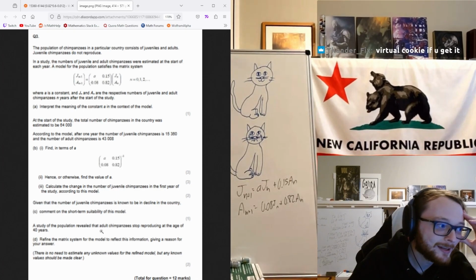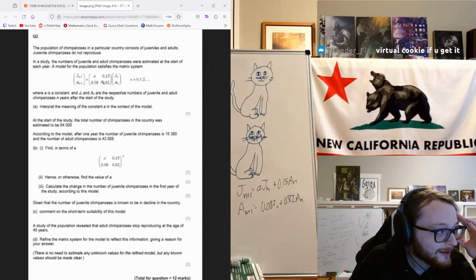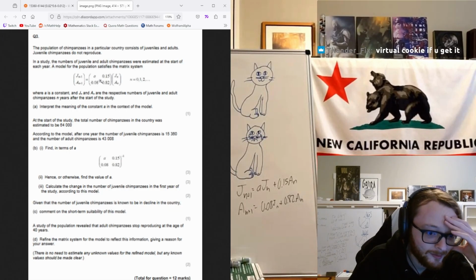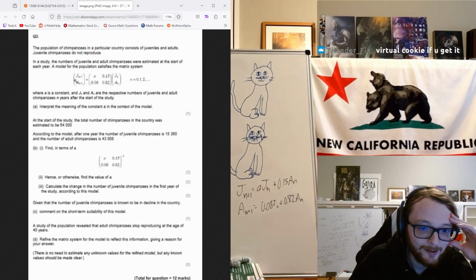So, okay, let's look at each of these numbers in the matrix and what they mean. Part A is relevant here again, I think. The 0.6 that we worked out is the proportion of juveniles surviving and staying juvenile.